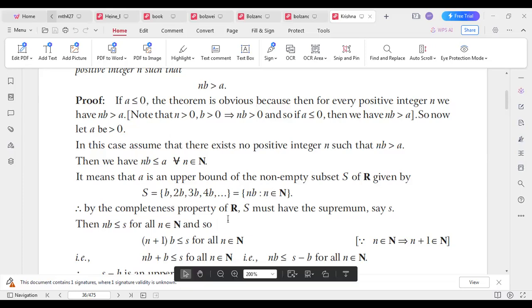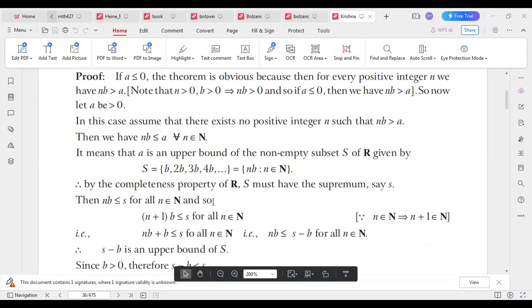By the completeness property of R, S must have a supremum or least upper bound. Say s is the supremum of S, then nb is less than or equal to s for all n belonging to the natural numbers. So (n+1)b is less than or equal to s, by the inequality property, for all n belonging to N, because we know n belongs to N implies n plus 1 also belongs to the natural numbers.